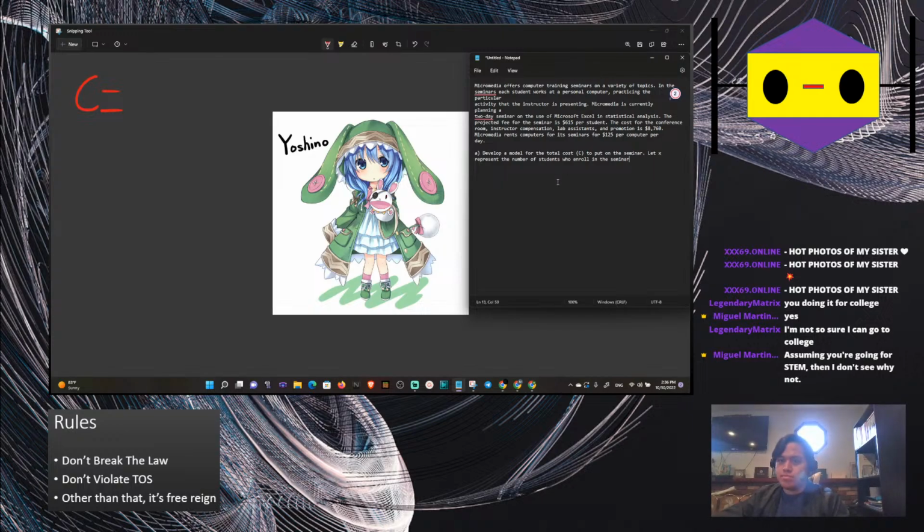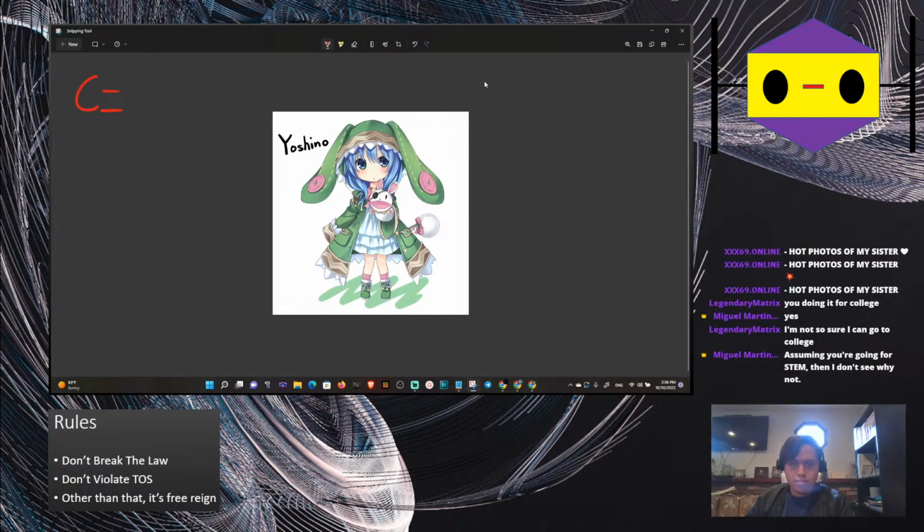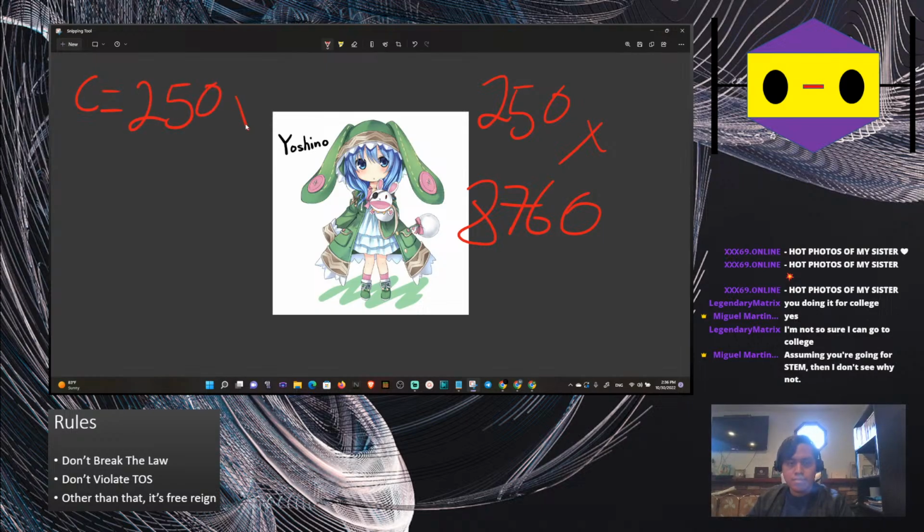It's 125 per computer per day. So 125 times 2, that's 250X, right? Plus 8760. It should be 250X plus 8760. Yeah, that's correct. That makes sense? Awesome.